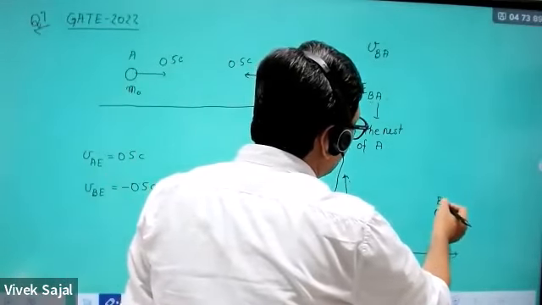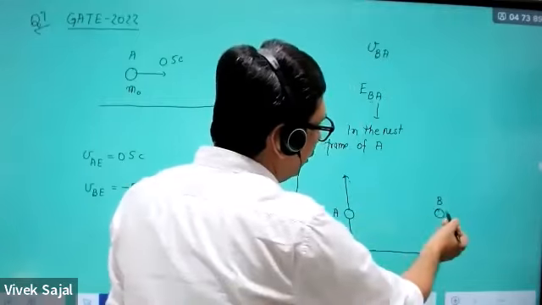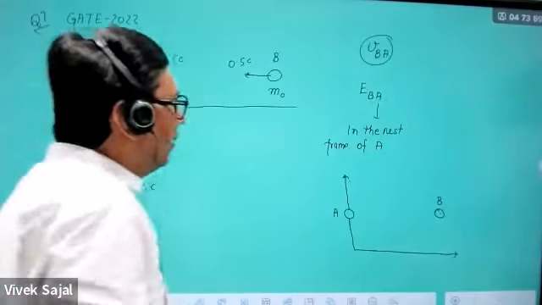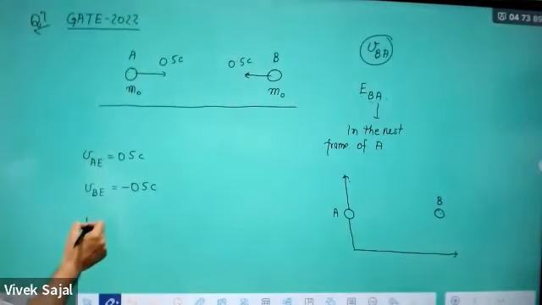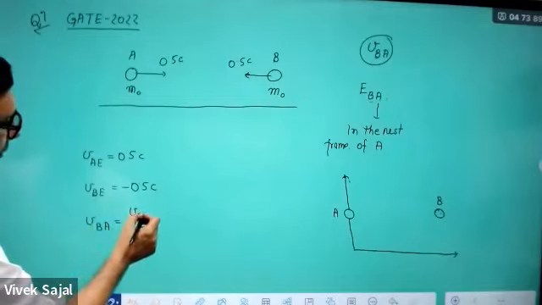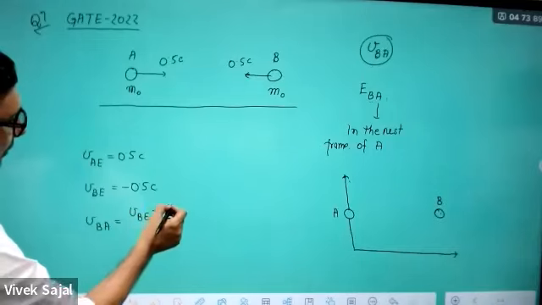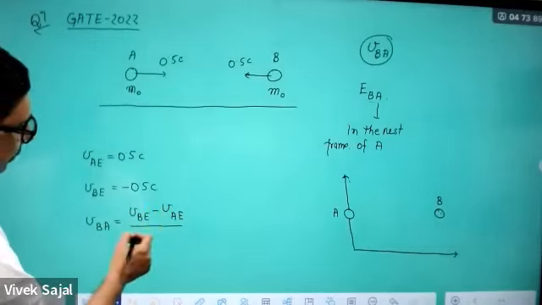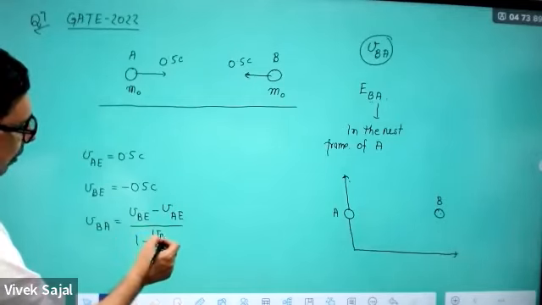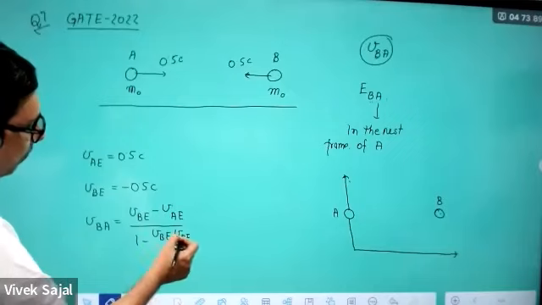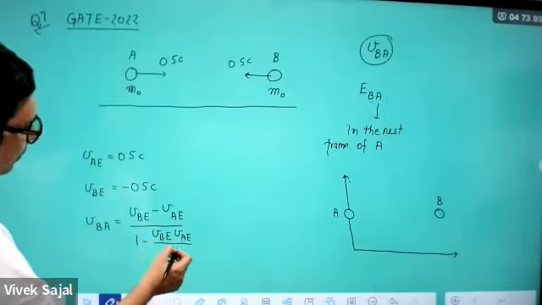What will be the velocity of B in this frame? So first find out the velocity of B with respect to A. This will be VBE minus VAE, divided by 1 minus VBE VAE upon c square.